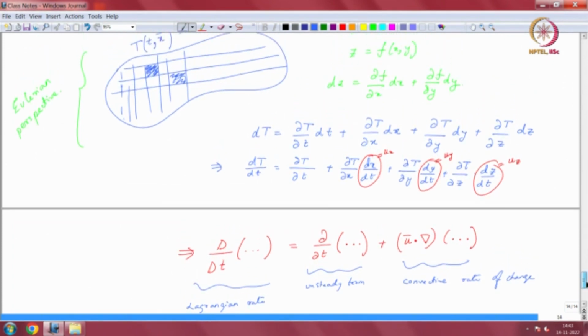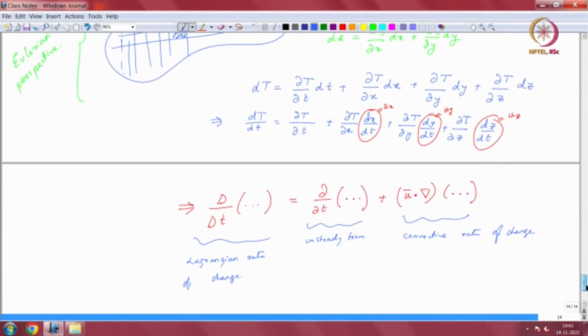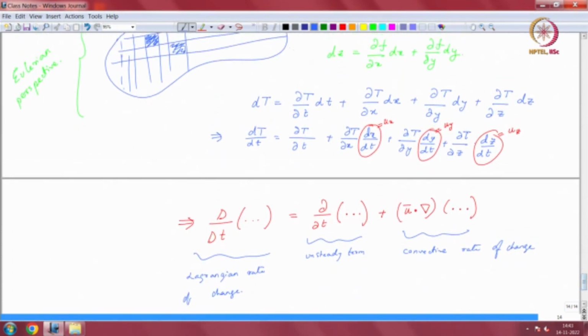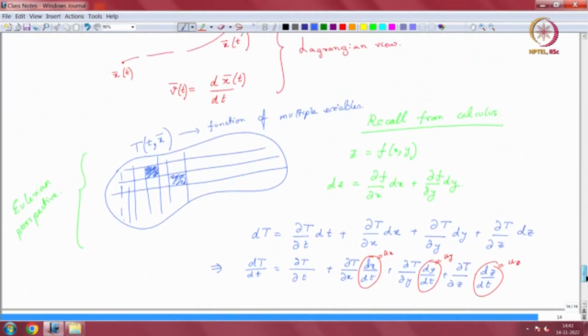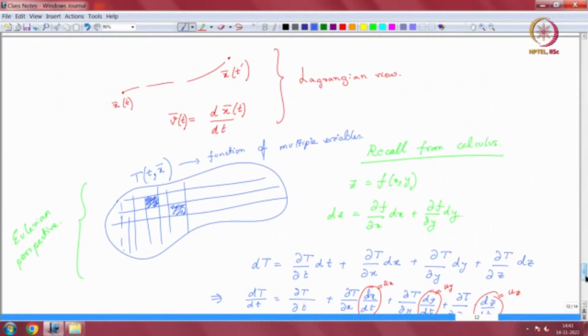So I want to emphasize why we had to come up with this different operator for time differentiation, and the reason lies in the way we are looking at things, which is we have changed from the Lagrangian view, in which format f equal to ma is written.